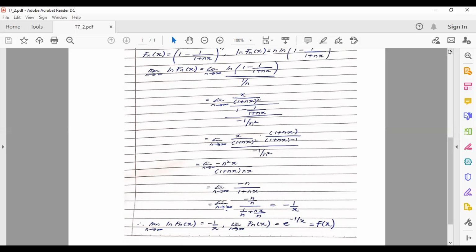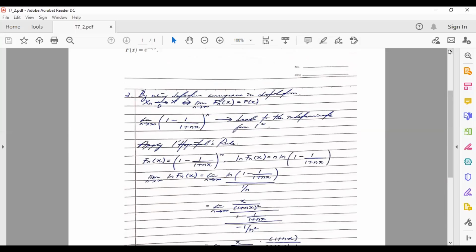Okay, scroll a bit up. Yeah. You say that you apply L'Hopital's rule, right? Is there a condition to apply it here? You see here, if your n tends to infinity, this term will go to 0. So basically then you have a case of 1 to the power of n where n tends to infinity.